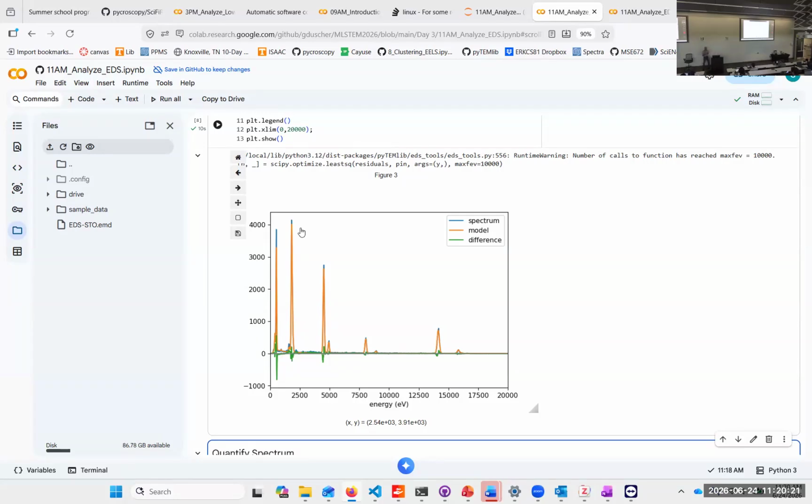One of the biggest sources of user errors in EDS analysis is not watching how the background is extrapolated. You have the same problems, I guess, right? So people are not checking that. So you have to check which background subtraction you use and what the errors are in that kind of point. So that is the simplest one.